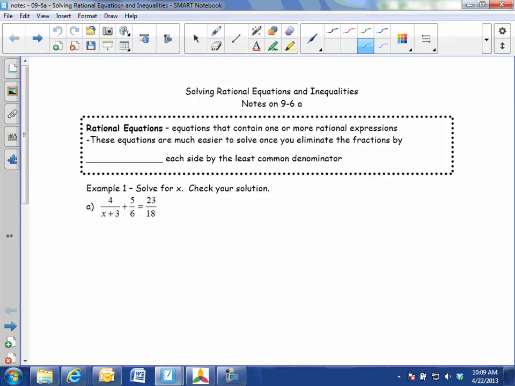The easiest way to do this is to eliminate the fractions by multiplying each side by the least common denominator. That way, the denominators are gone, and it's a lot easier to solve for x, and you don't have to worry about fractions.